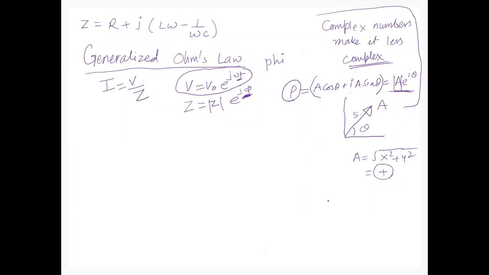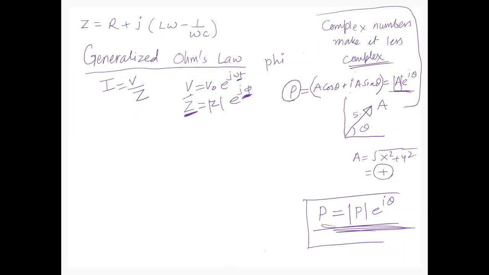Okay, let me, one more thing. Any complex number, so let's say my complex number is P, can be written as P absolute value e to the I theta. Any complex number. So it means I should be able to write Z in this form, and V in this form also.